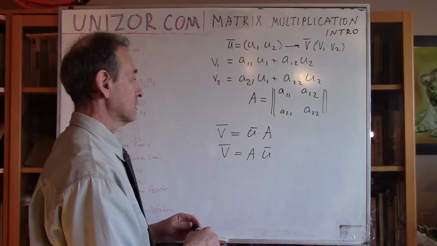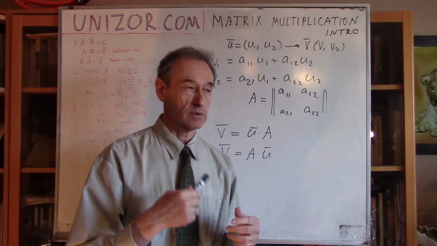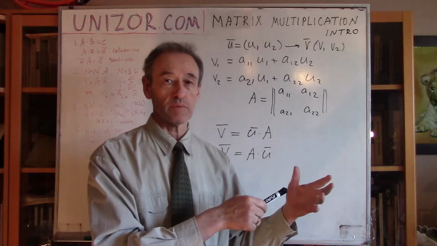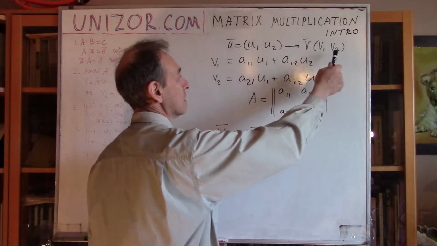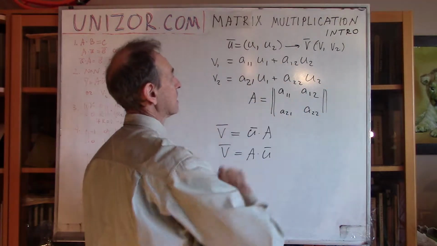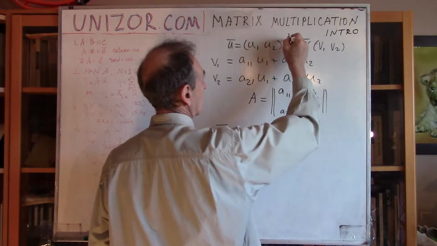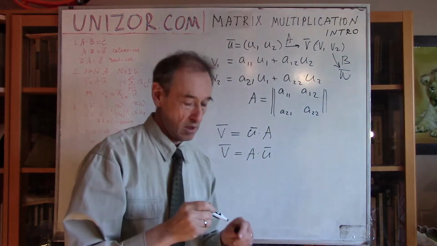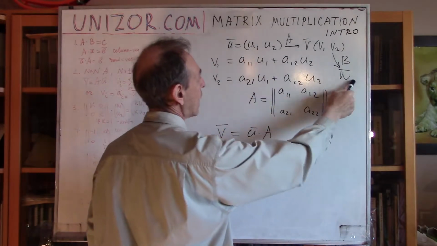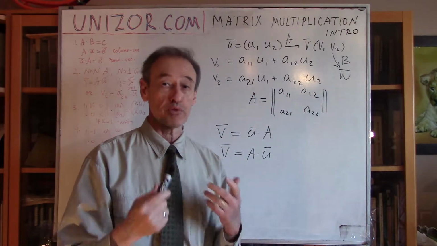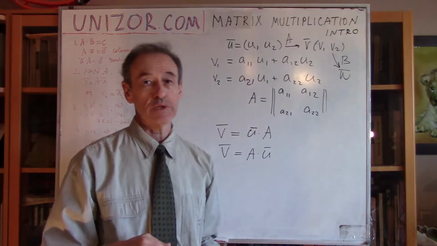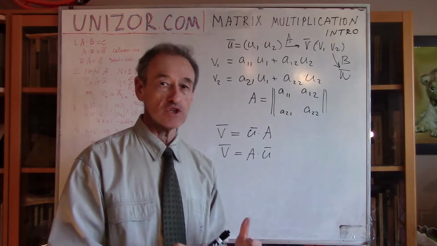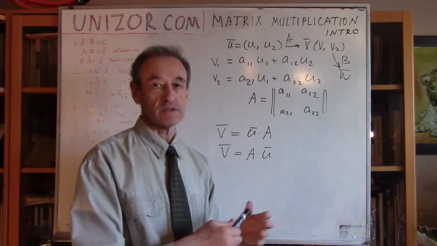More than that, I would like to define this multiplication in such a way that if I have two transformations, u to v and then v to w, one represented by the matrix A and another represented by a matrix B, then the transformation from u to w is a multiplication, a product of two matrices A and B. So that's the whole purpose: to build this matrix arithmetic in such a way that it reflects the processes of transformation.